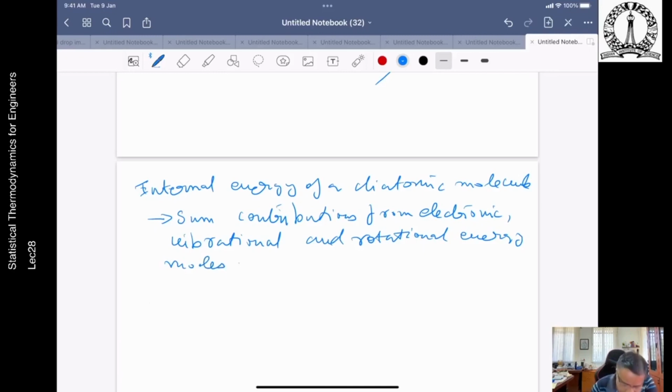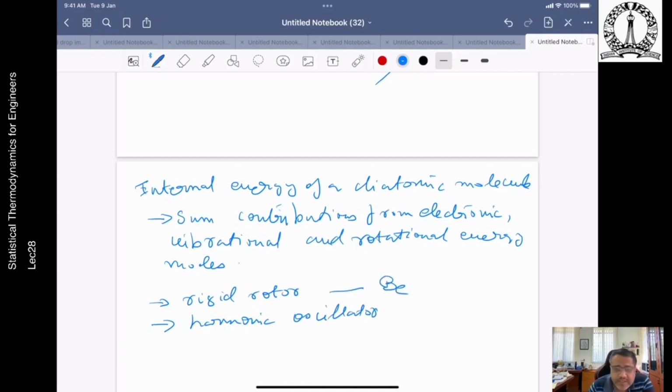This time our assumptions were rigid rotor and harmonic oscillator. For the rigid rotor it was BE, the rotational parameter, and for the vibrational it was omega E, the vibrational parameter.